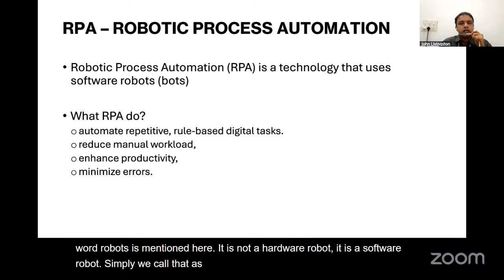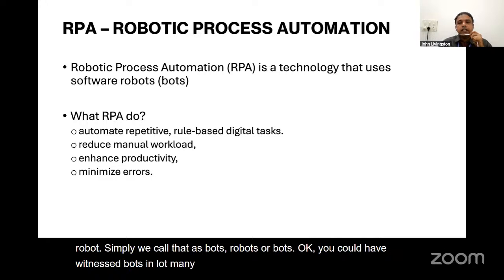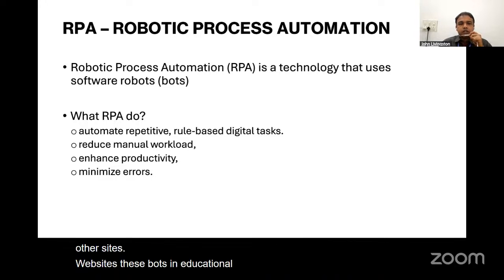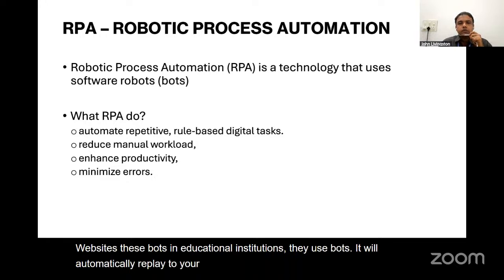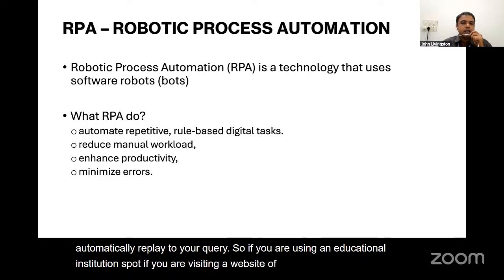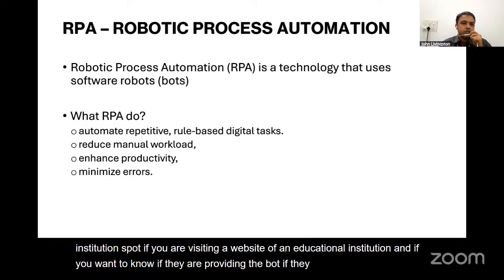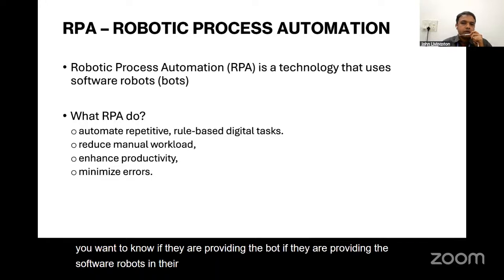Robots or bots. You could have witnessed bots in a lot of web applications, in e-commerce sites or some other websites. Educational institutions use bots. It will automatically reply to your query. If you are visiting the website of an educational institution and they are providing software robots, a small column will be there at the right end.